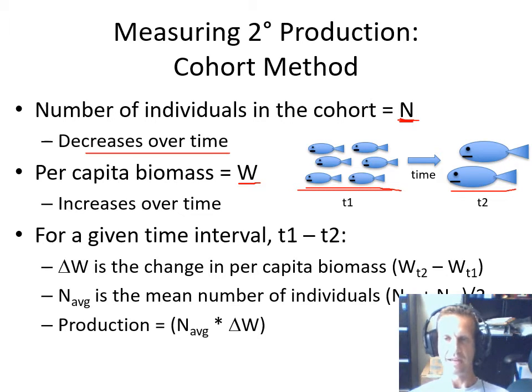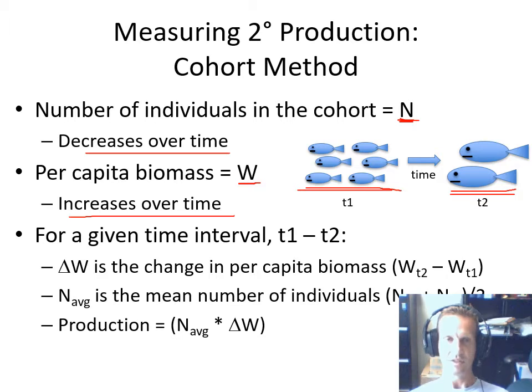But later on, although there may not be as many fish as there were at the time that you started, each of those fishes that has survived is bigger than it was before. So the average per capita biomass has increased over time. So the numbers are decreasing over time for a cohort, but the size of the survivors is increasing over time.